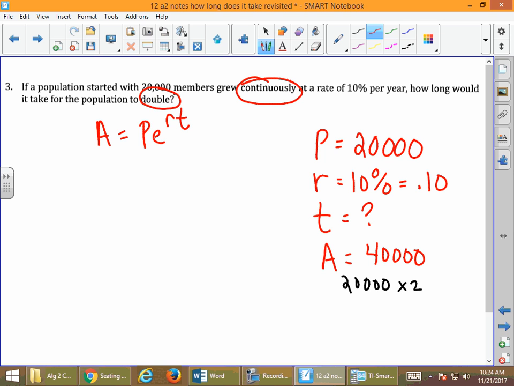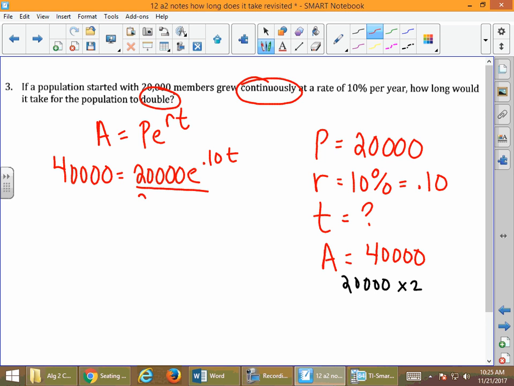And then we're going to fill in what we know. 40,000 equals 20,000 times e to the 0.10t. We can solve this now. We know from the previous 2 examples that we need to isolate.